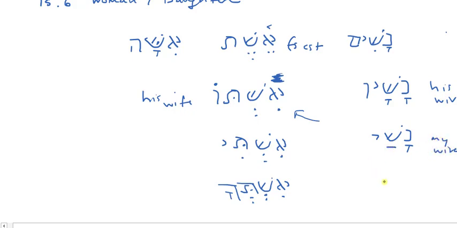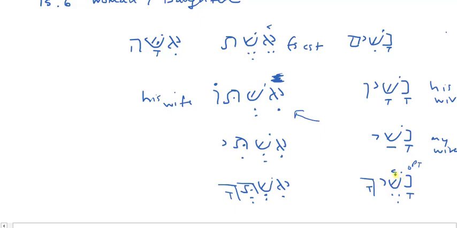How would I say your wives? Nashecha. My accent's on the shin here with nashecha. So I've got this long vowel because this is open and pretonic. Hebrew requires long vowels here.